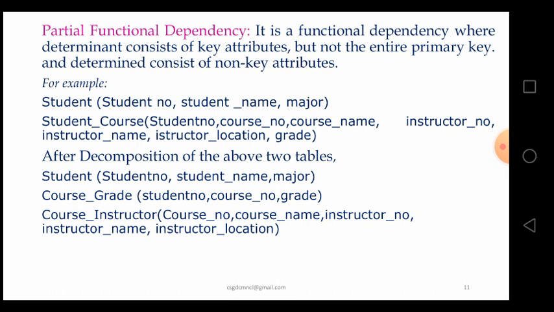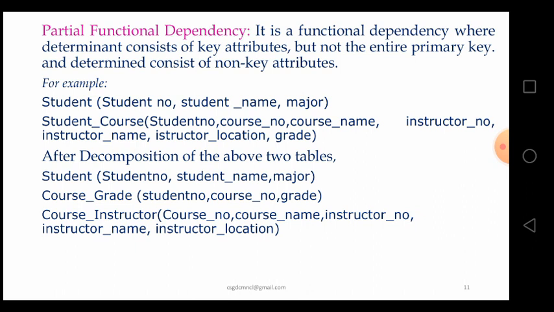After decomposition of the above two tables: student has student number, student name, major. Course has student number, course number, grade.